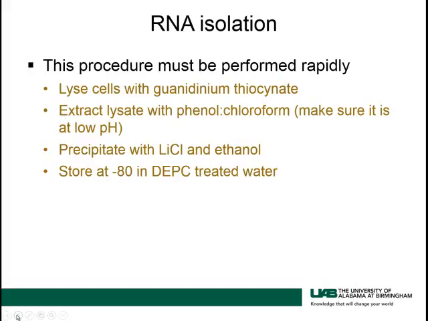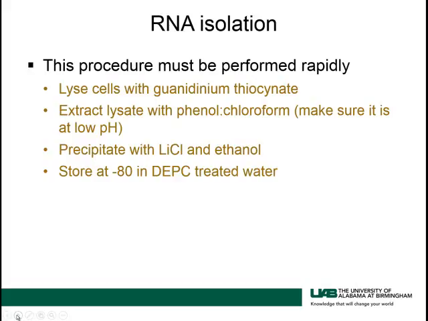And again, there are different types of RNA, because we're dealing with total RNA. Then you precipitate with lithium chloride, again that's salt, and ethanol, and we have explained the use of salt and ethanol. And then you store immediately at -80 degrees centigrade in DEPC treated water.